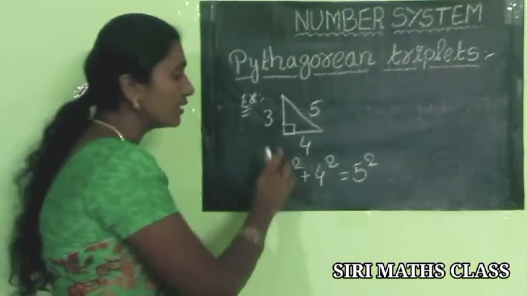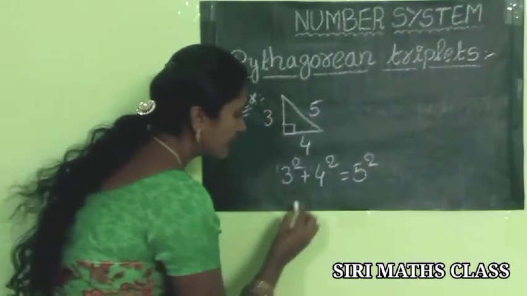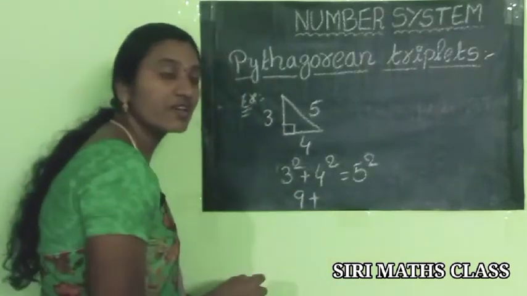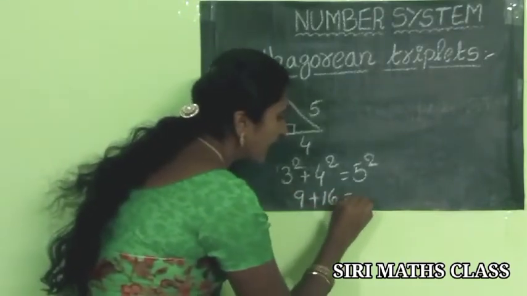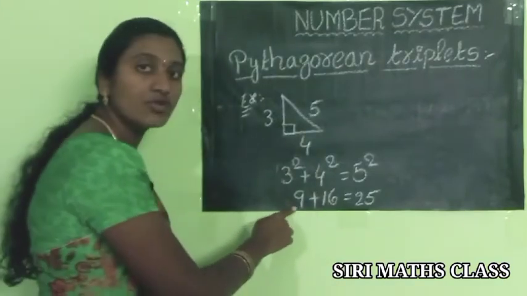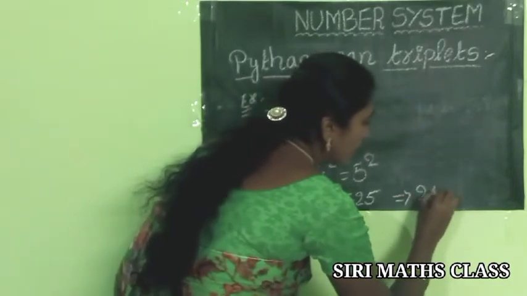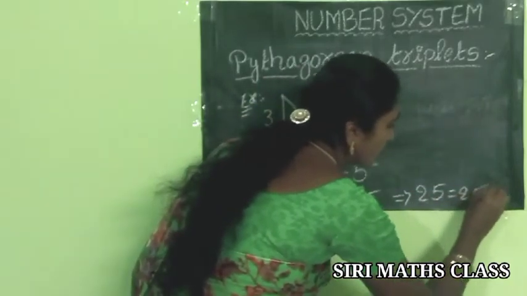So 3 square plus 4 square equals 5 square. The 3 square value is 9, 4 square value is 16 and 5 square value is 25. Adding these two values, 9 plus 16 is 25. So 25 equals 25.